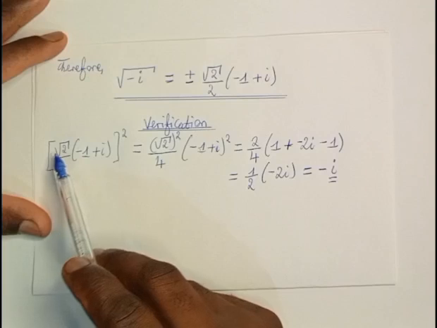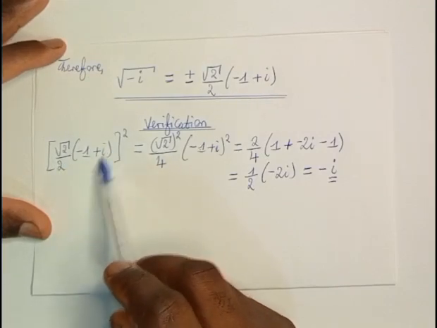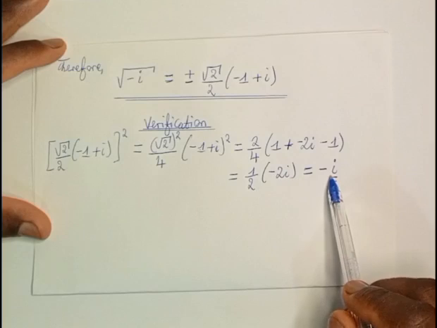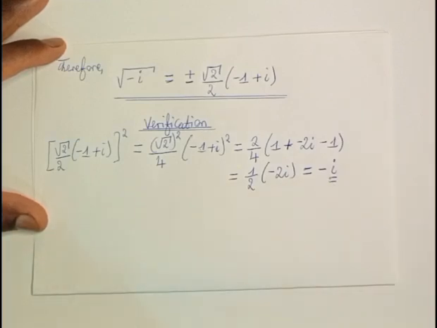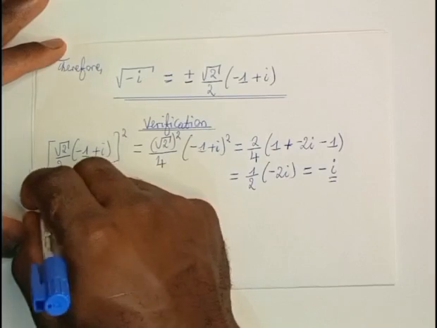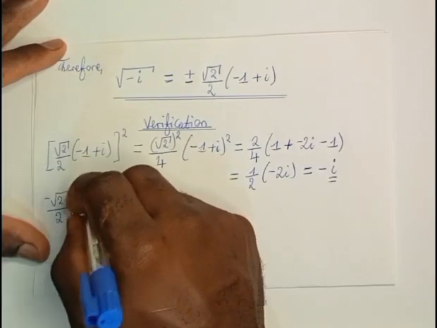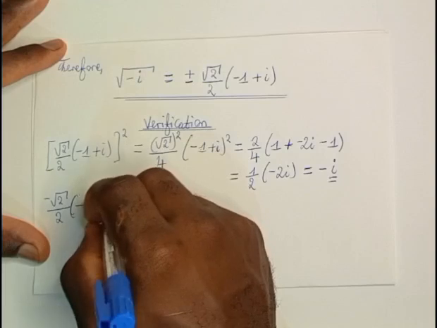This means that root 2 over 2 times negative 1 plus i is a square root of negative i. Now let's take the negative square root, negative root 2 over 2 times negative 1 plus i.